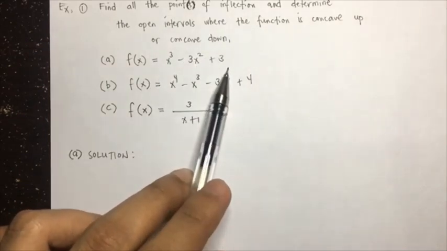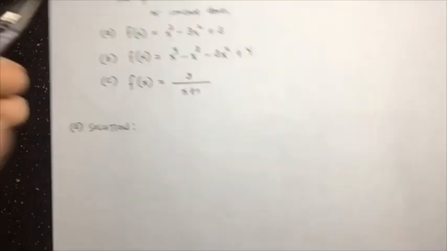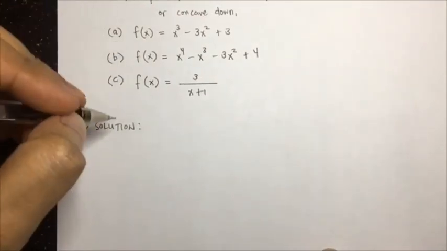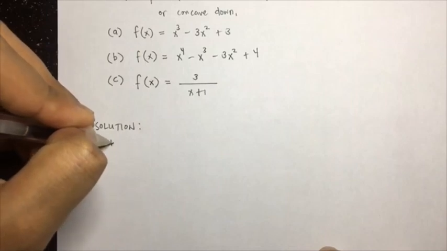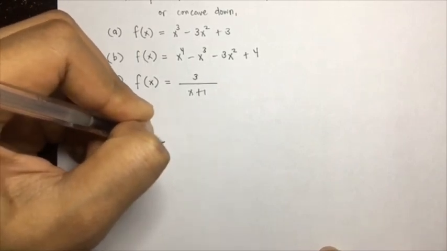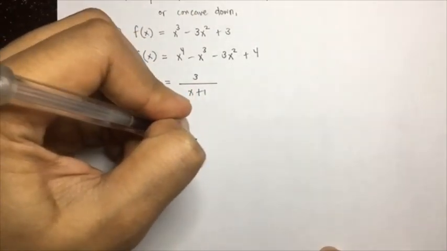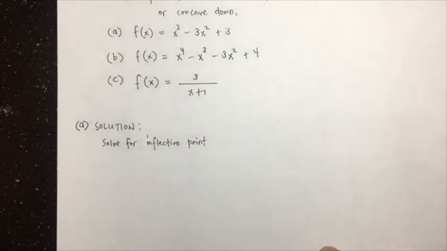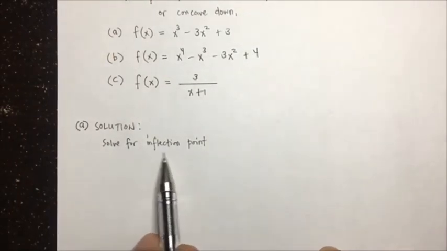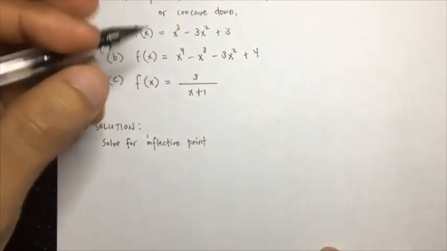squared plus 3. Solution for letter A: to solve for the inflection point, let us recall that at the inflection point, our second derivative is 0.